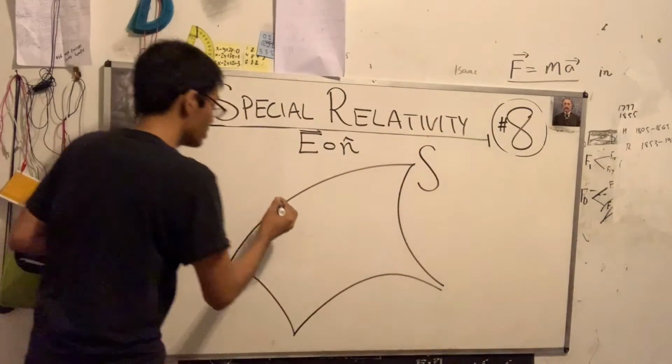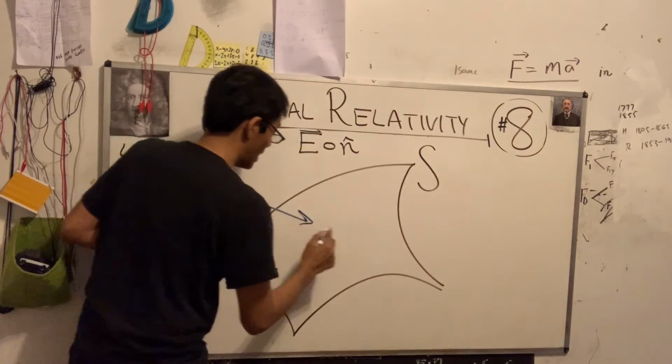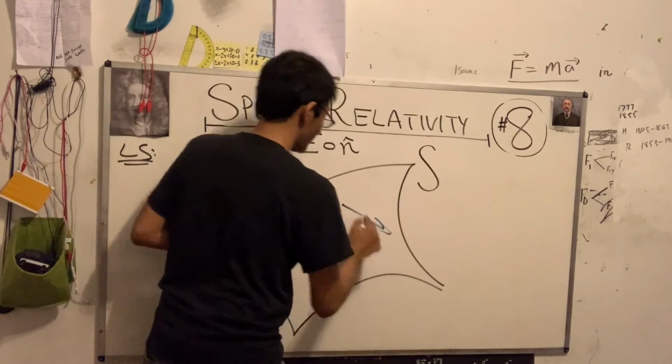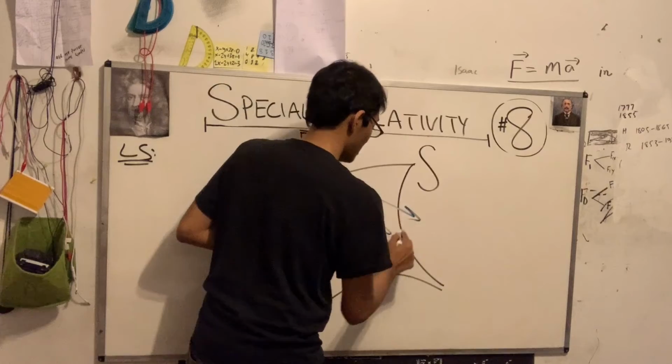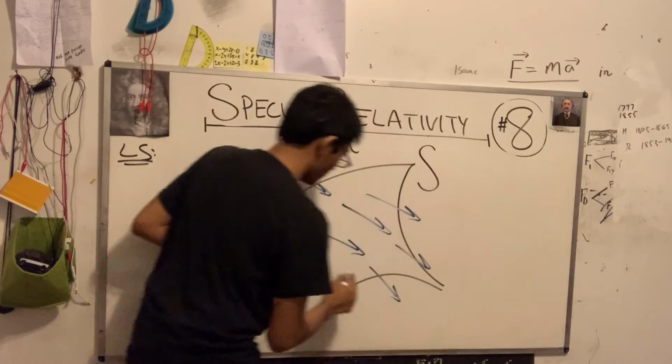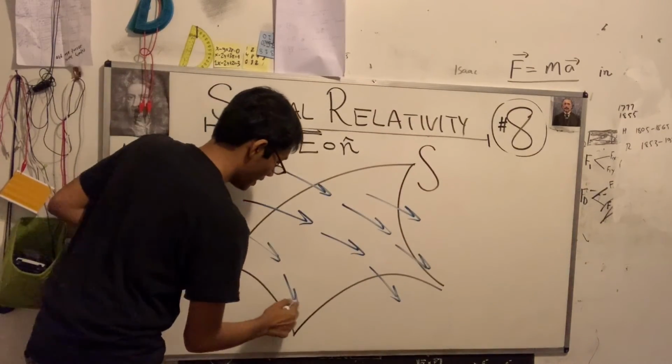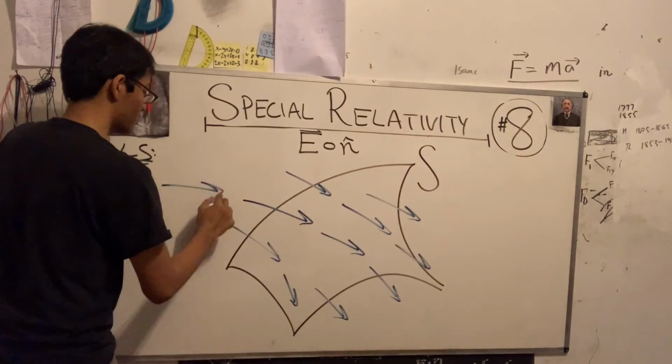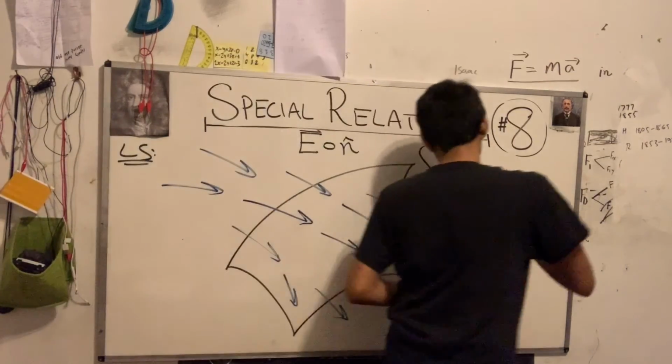So you can imagine electric field lines everywhere. It doesn't have to be uniform, it just has to be a vector field. Right, so electric field lines everywhere, not just along the surface but also outside of it. Okay?